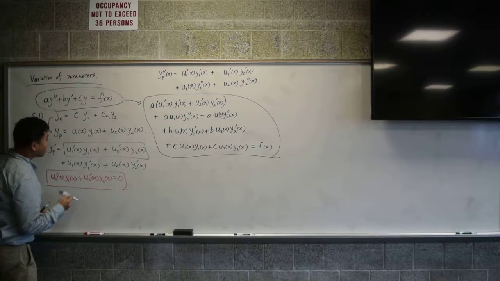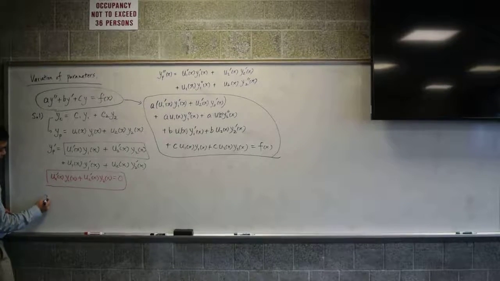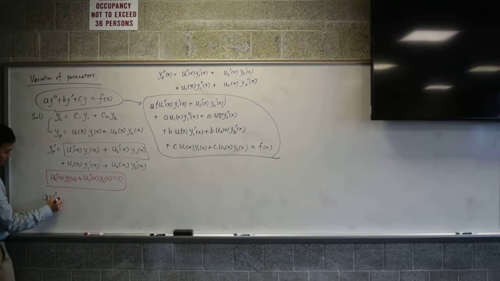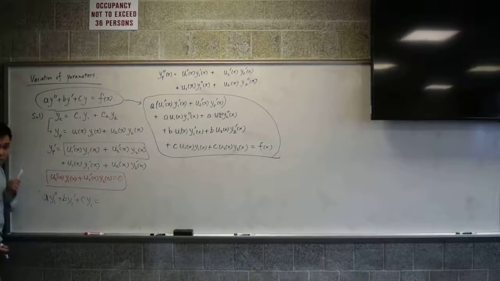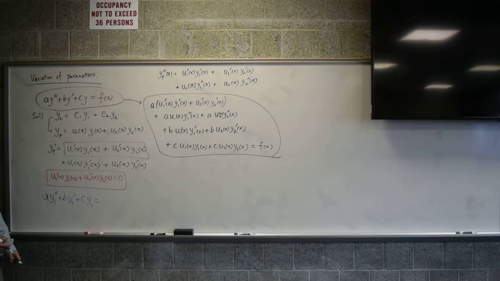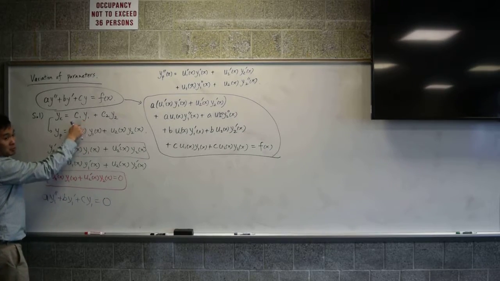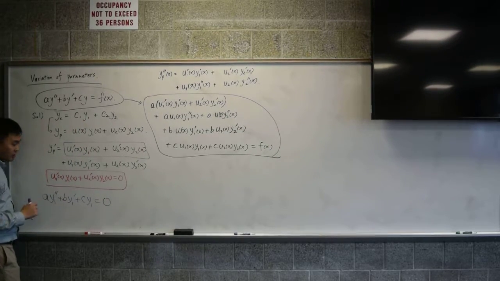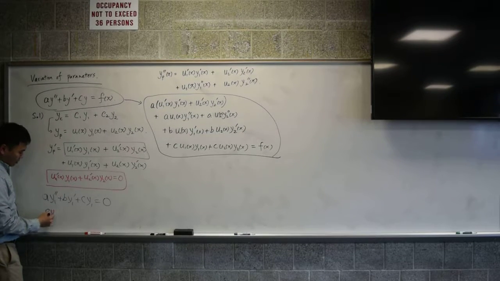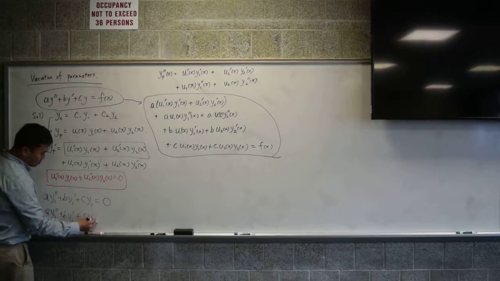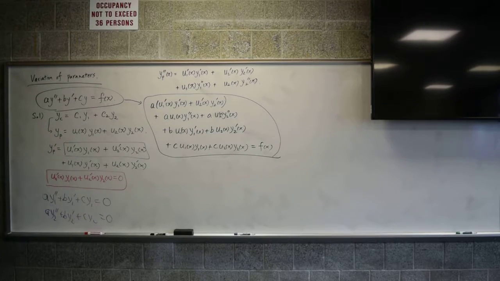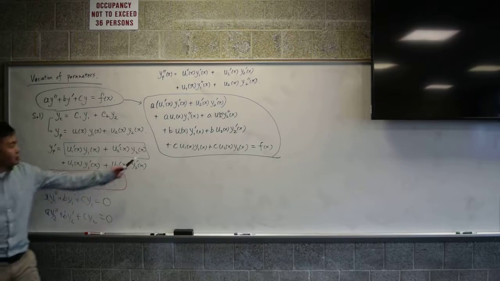For example, what's a y1 double prime plus b y1 prime plus c y1? What would this give me? 0. That's what it means to be a complementary solution, right? Same thing for a y2 double prime plus b y2 prime plus c y2. It'll also be 0.